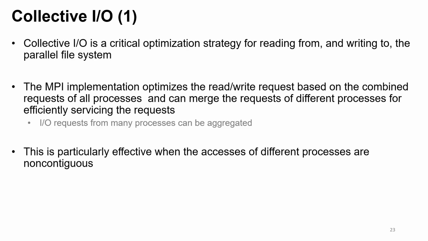MPI supports collective IO calls as well. Collective IO is a critical optimization strategy for reading from and writing to parallel file systems.